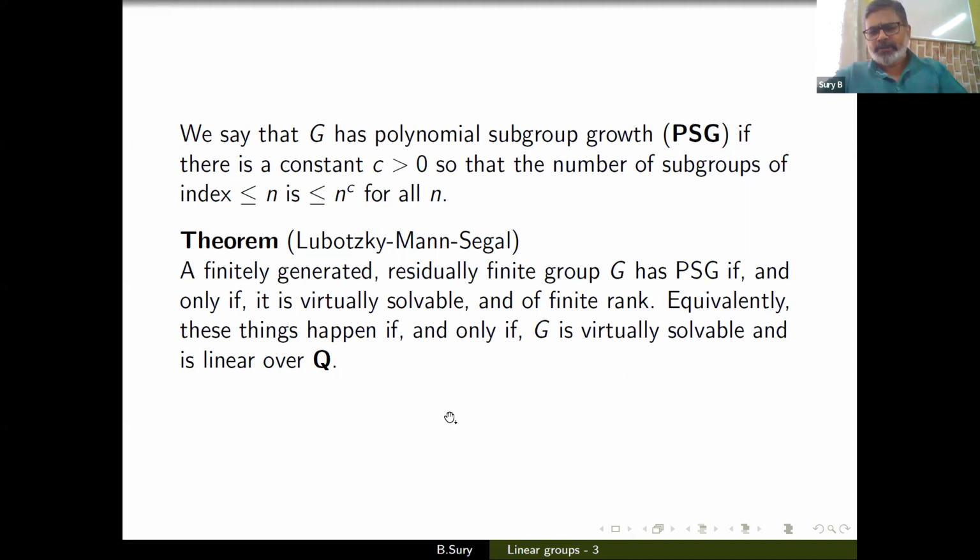I must tell you, in this statement so much is contained that you may not realize unless you know this theorem. For example, while proving this, they proved an analog of Hilbert's problem. Hilbert's problem, which I mentioned yesterday in the tutorial, is: when is a topological group a Lie group? When it has no small subgroups and so on. There is an analog of that not for usual Lie groups, but for so-called p-adic Lie groups.